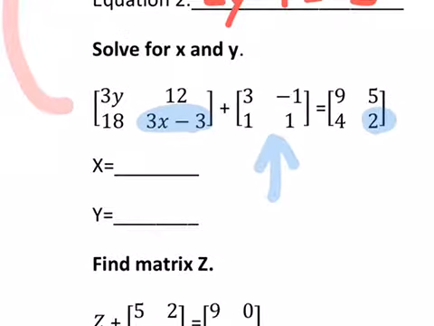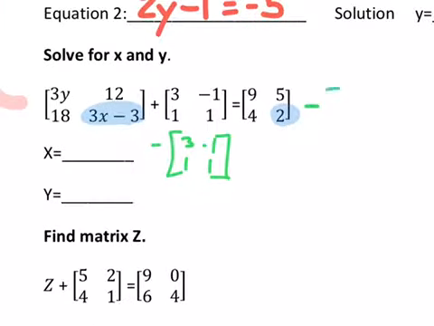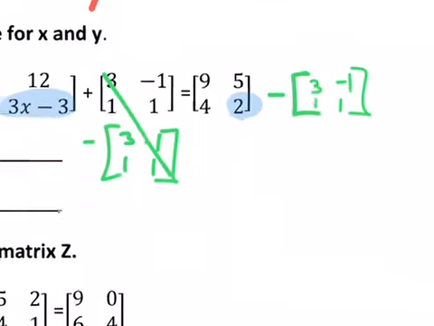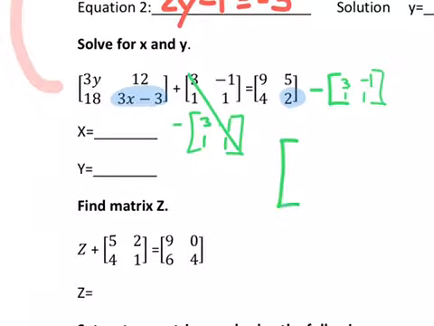I would do that by following the exact same steps that you would expect on any equation solving concept, which is to get rid of the terms you don't need by doing the opposite. So in this case, I could subtract this matrix from both sides. When we do that, it would free up our original matrix.